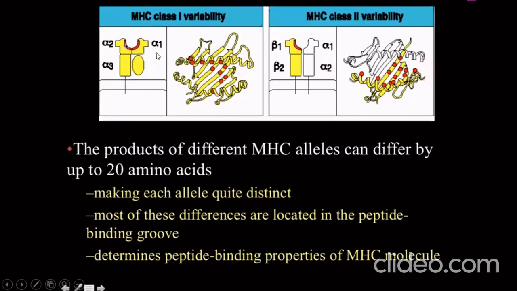So you can generate different variability of peptide binding by combination of alleles that will have different amino acids. Each allele will differ by approximately 20 amino acid changes. That makes each allele quite unique and distinct. Most of these differences are located in this cleft that helps in binding to specific antigen. That was the peptide binding properties.